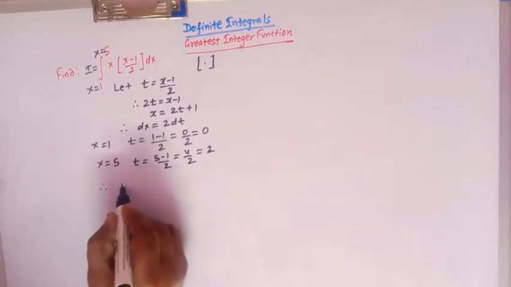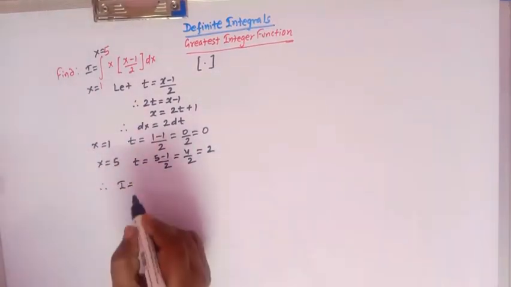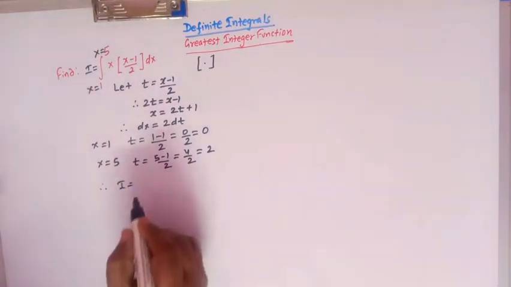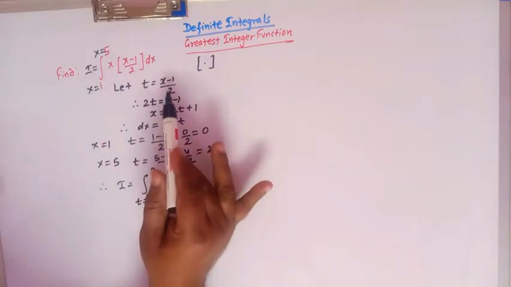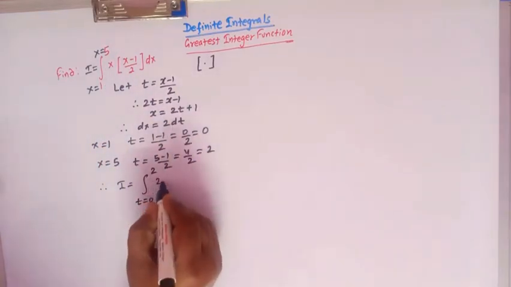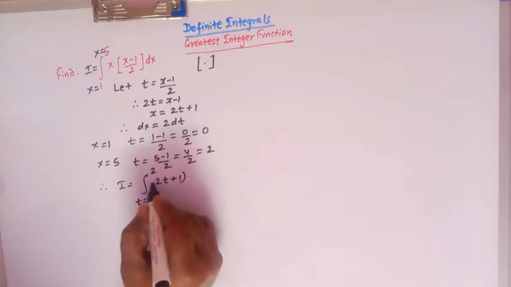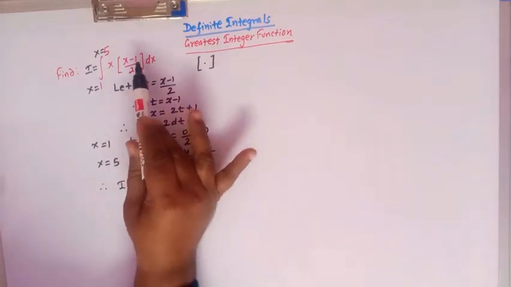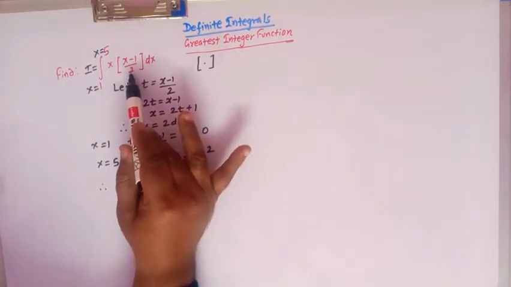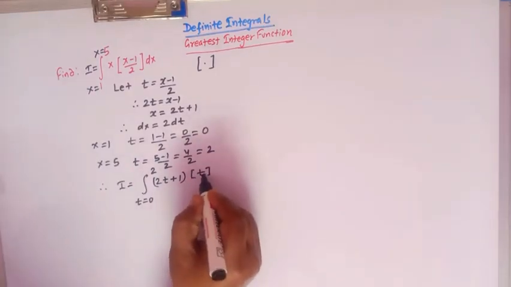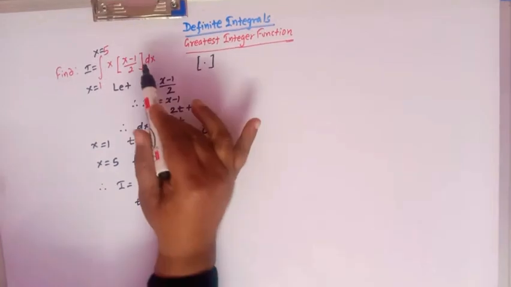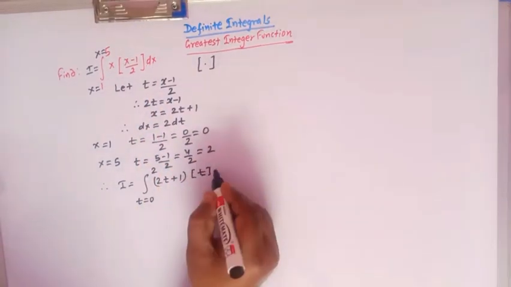So therefore I can now be written as the integral from t equal to 0 to 2, and for x we can write 2t plus 1, and for the greatest integer of (x minus 1) over 2 we can write the greatest integer of t, and for dx we can write 2 dt.